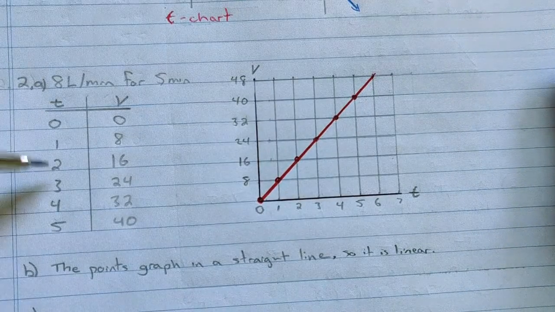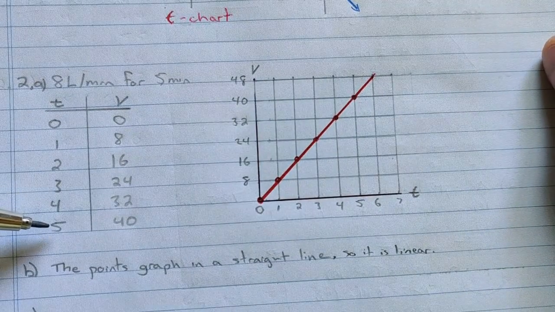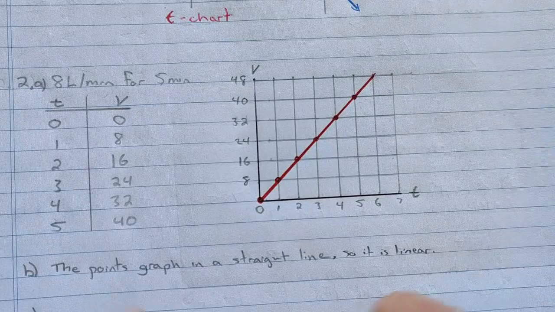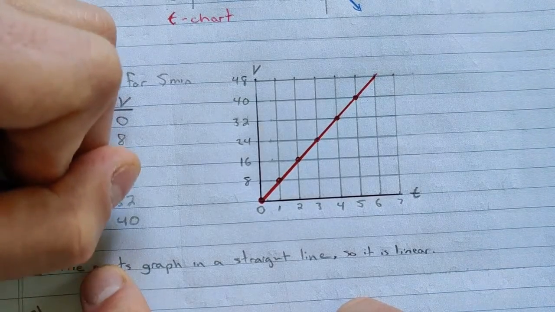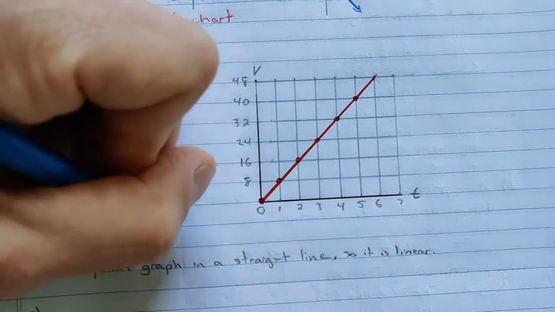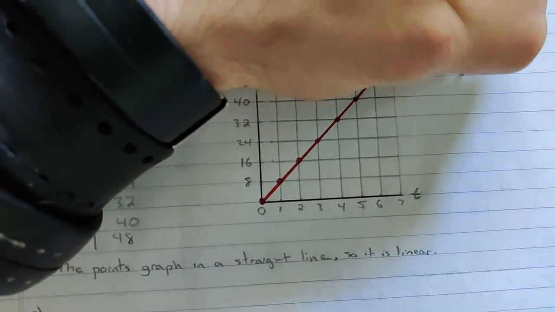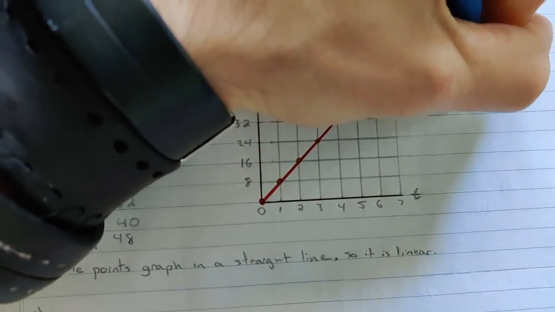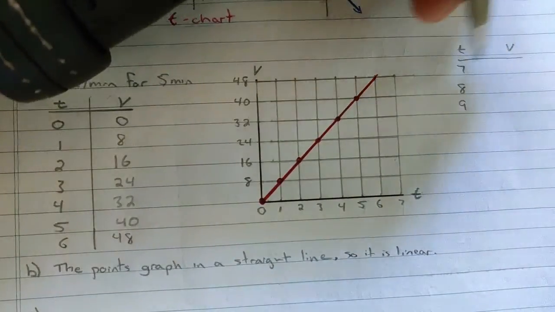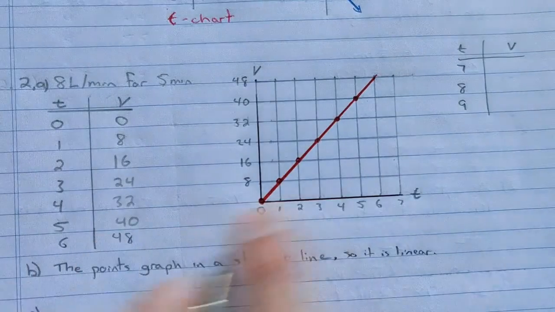I could extend my table. So I could do 6 and 48. And then I'm just going to shift my table over here. V, 7, 8, and 9 for the times. So this is just shifting the rest of that t-chart over.